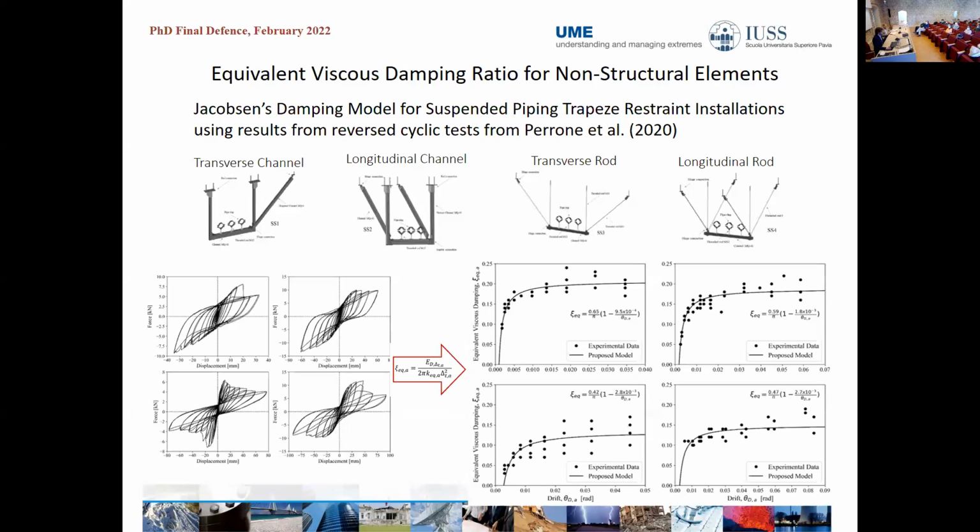Here in these plots, you can see the results of applying Jacobsen's damping model for the four systems. The black dots are the results from each of the loops in the experimental results. To this, we fitted a damping model that represents the variation of equivalent viscous damping with the drift.